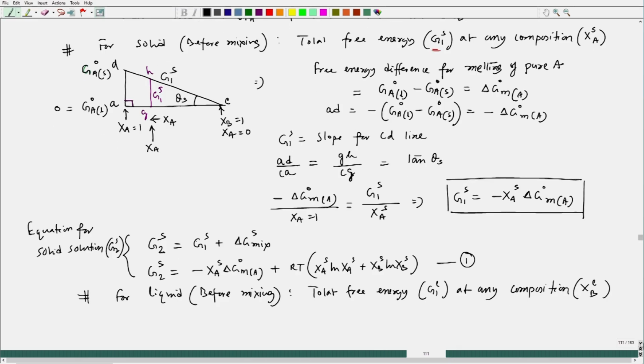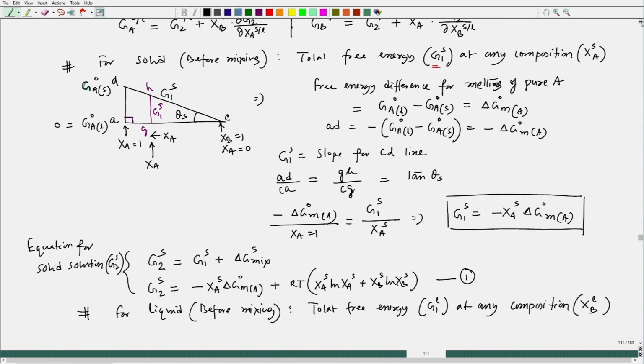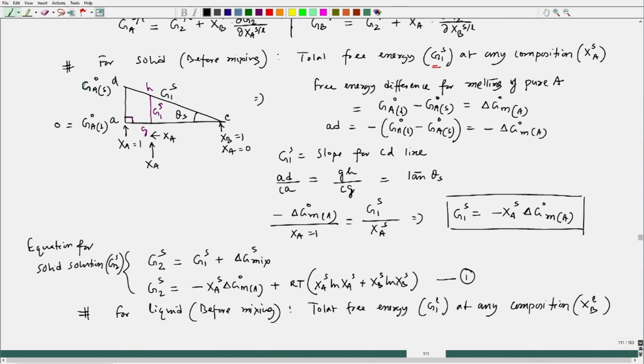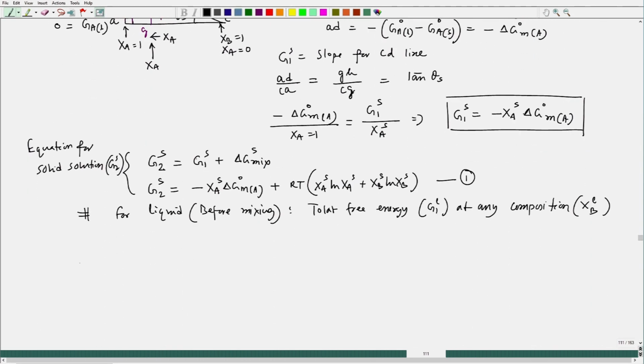So if I try to do that, I have to go back to this particular graph, which is the G versus composition plot. So this is G and this is the composition. If I take the ABC triangle, let me do that.